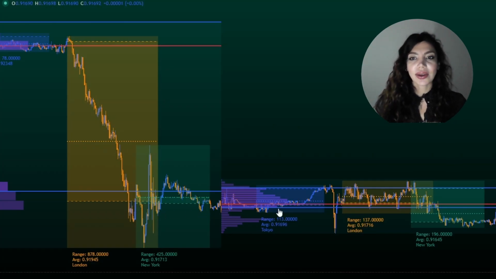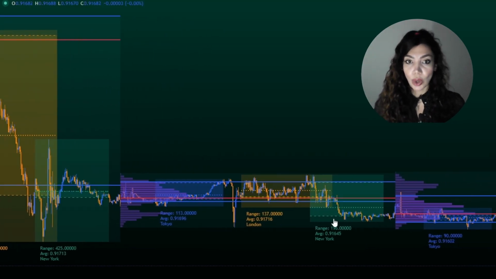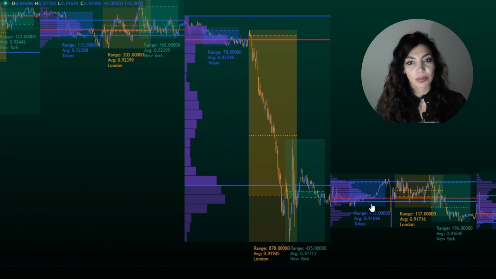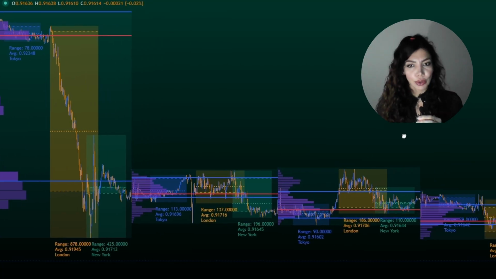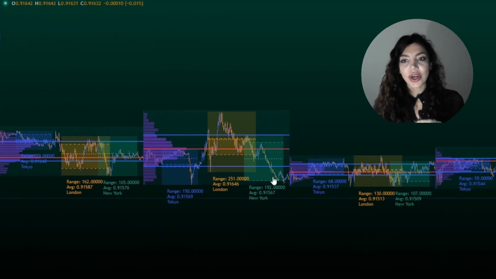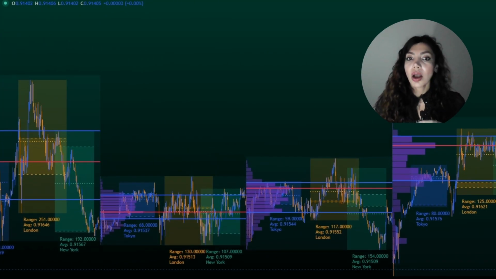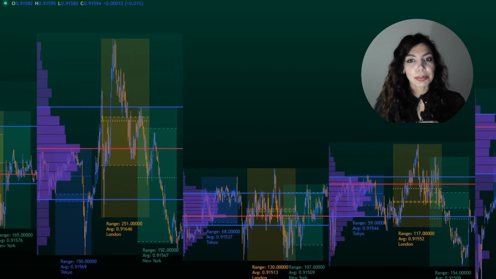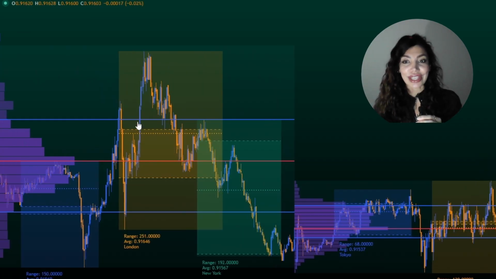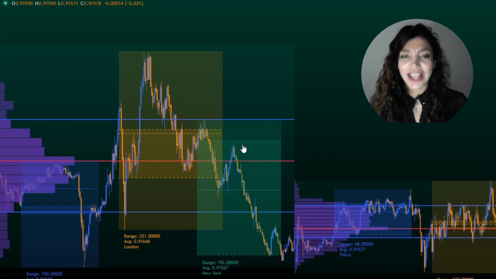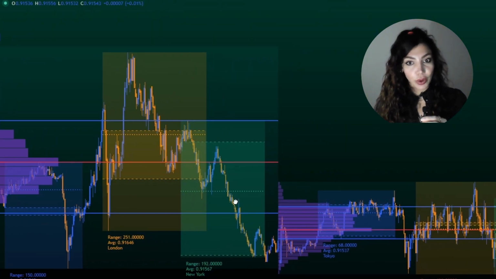Price can spike through a high volume node and reverse instantly, or stall at a low volume area for no good reason. Not because your analysis was wrong, but because there simply aren't enough participants to create a clean, decisive move. I see this constantly in the profile.